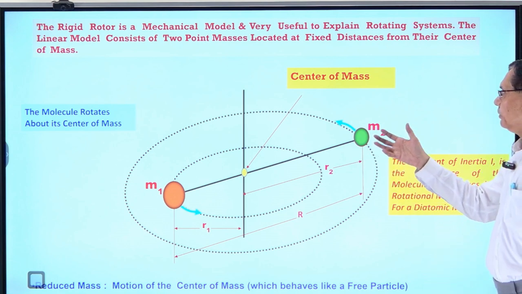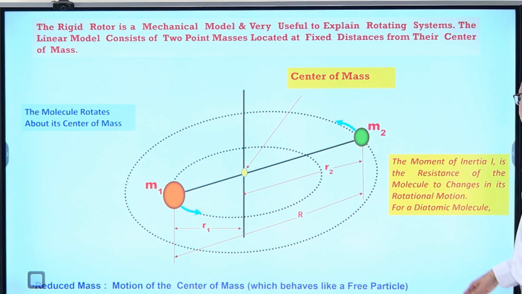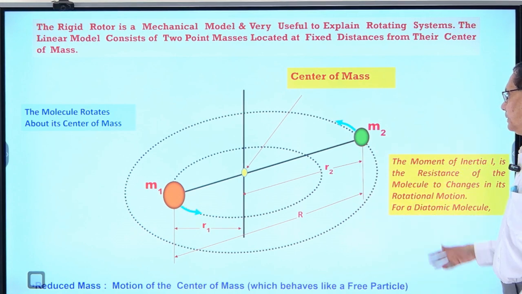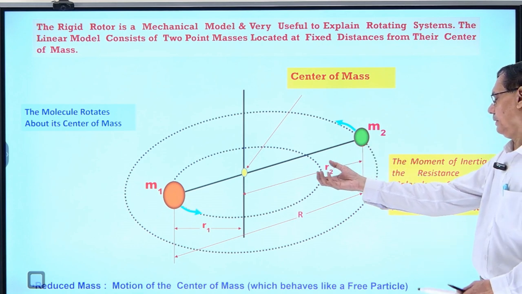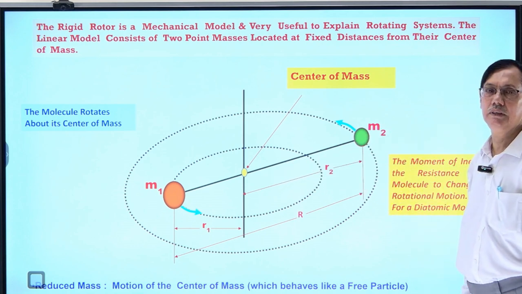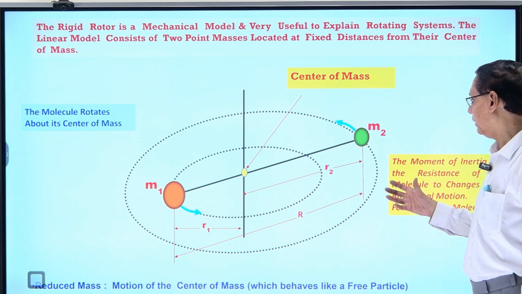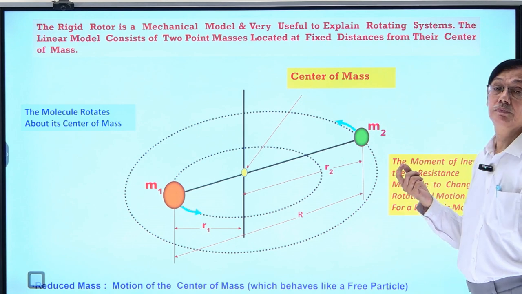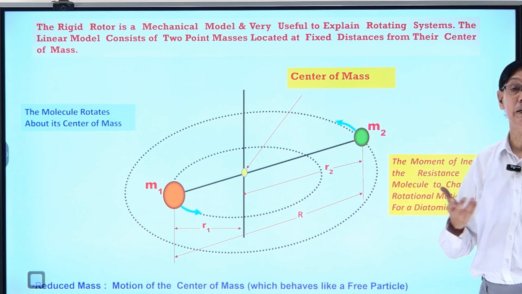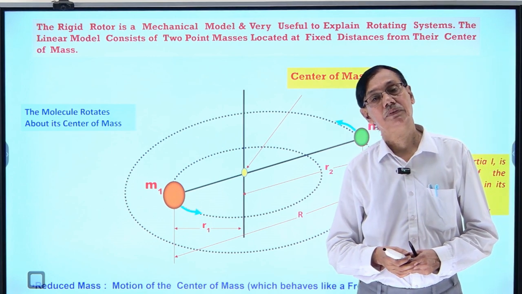Now, here we will consider that the mass of the hydrogen is different from the mass of the Cl. So here we will use a term called reduced mass. You can ask me, sir, what is reduced mass?